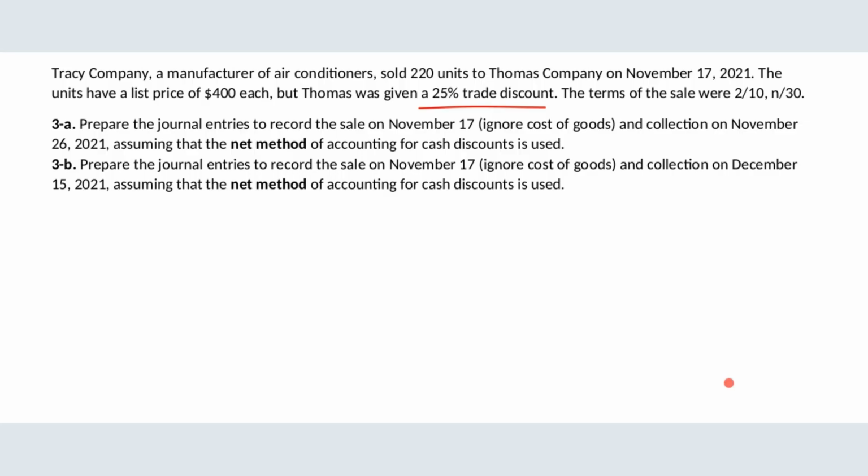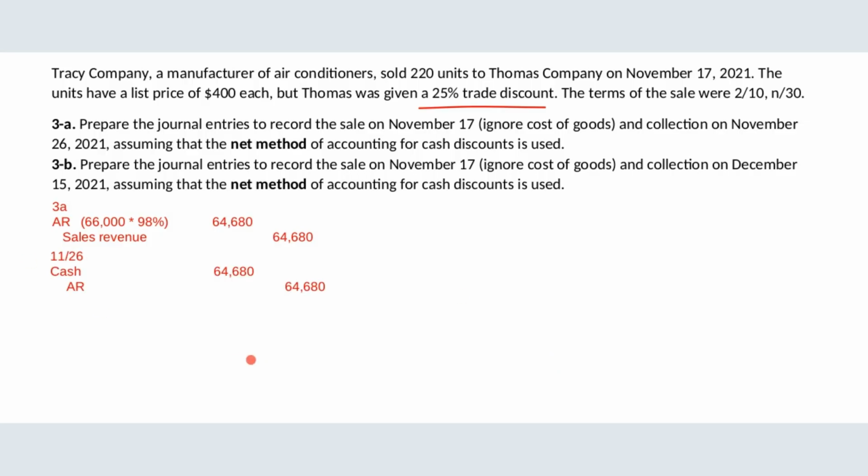So under the net method, we are assuming that the buyer is going to take advantage of the discount. And so on November 26, I didn't put dates on this, but November 26, our cash that is debited is the 64,680. And then we have a credit to the AR for 64,680.